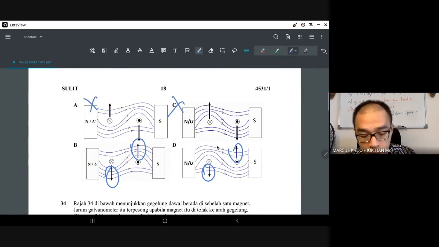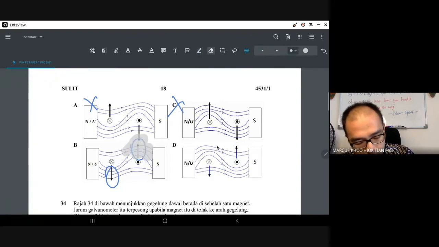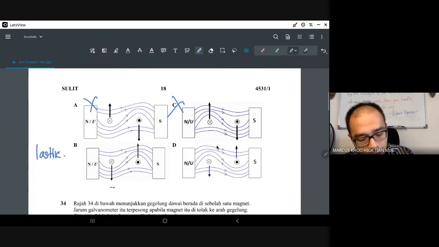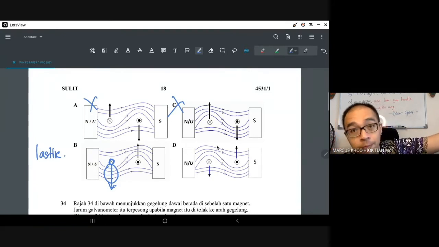Okay. Now, when we look at the catapult field, you need to remember the catapult field, in Malay, is called medan lastik. So if this is a stone, and you want the stone to go this way, it doesn't make sense that the elastic is this way, right? You must pull backwards and release, then it will shoot forward. Right?